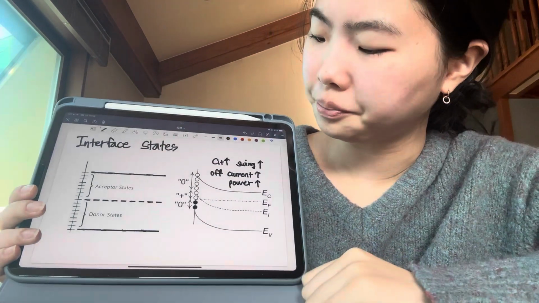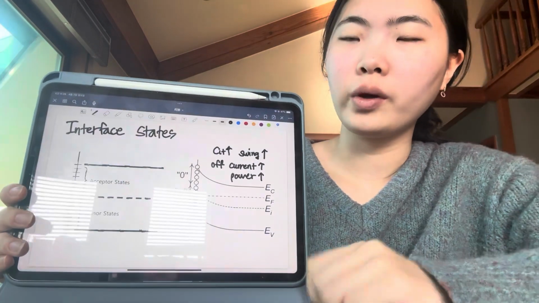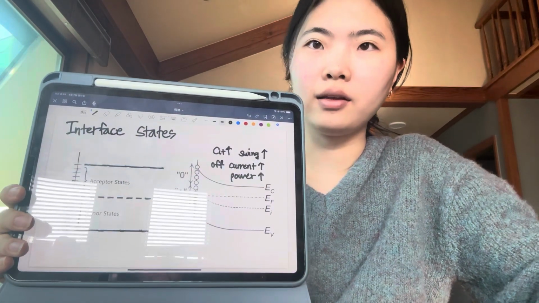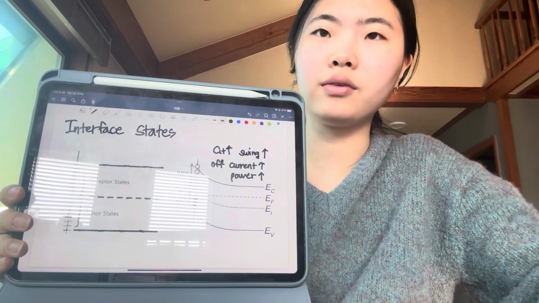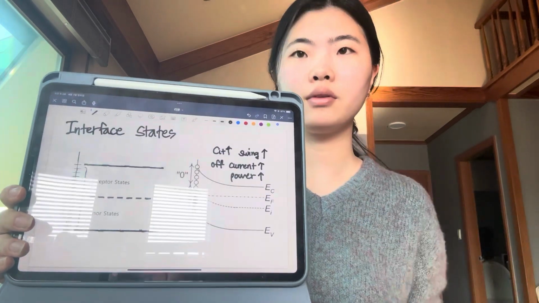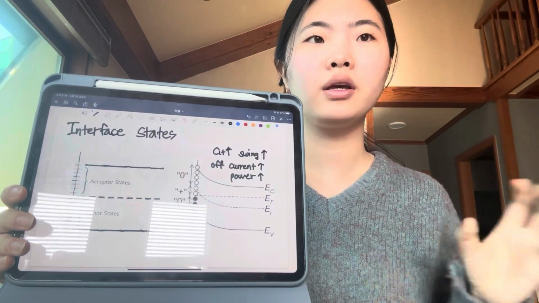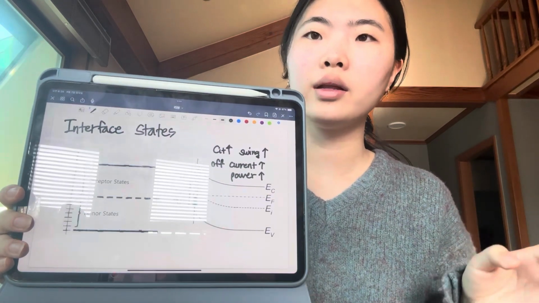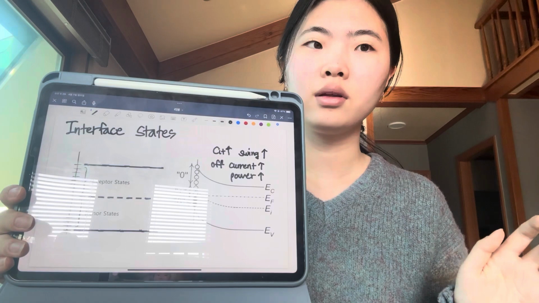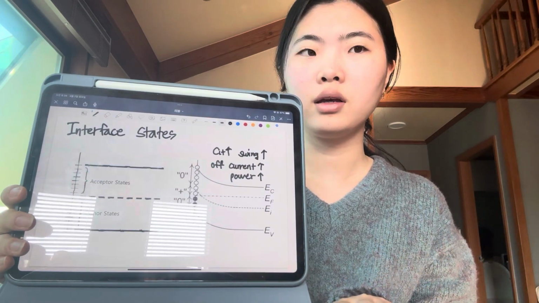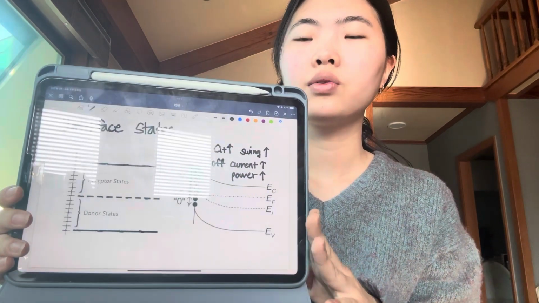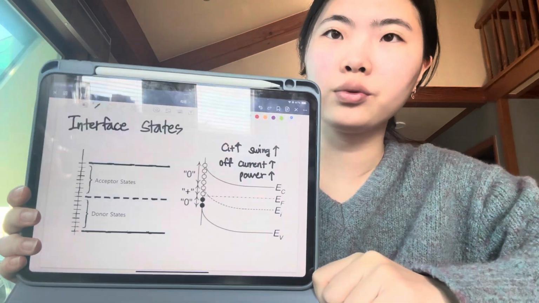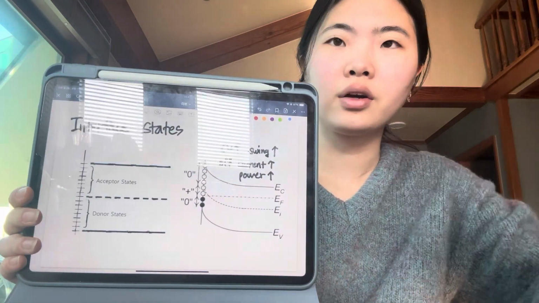As I said before, many interface states make a bigger interface capacitance. When the capacitance of the interface is higher, the subthreshold swing becomes bigger than before.